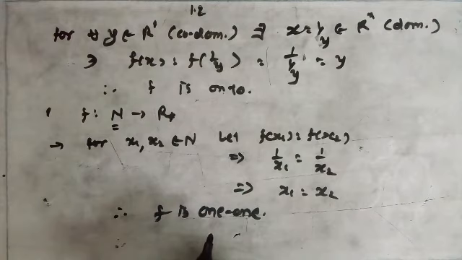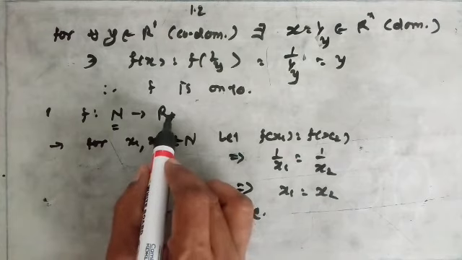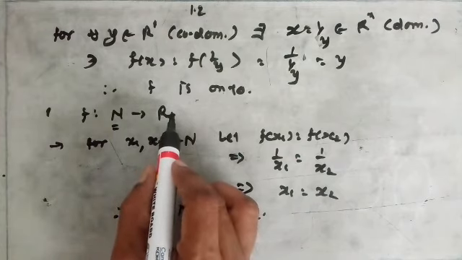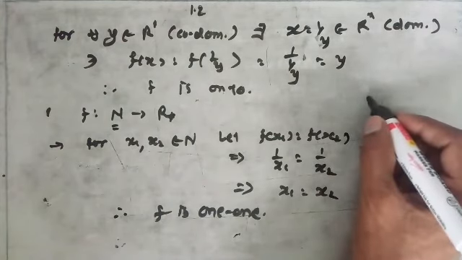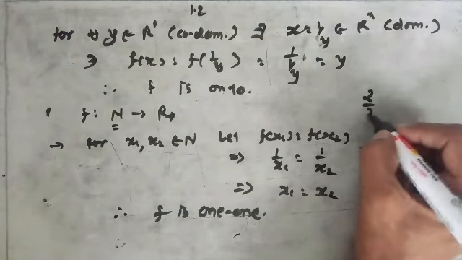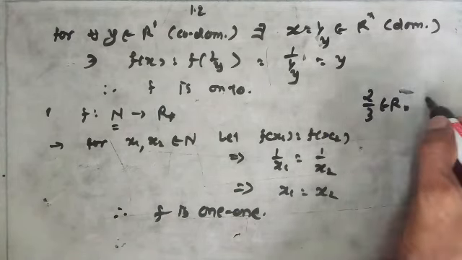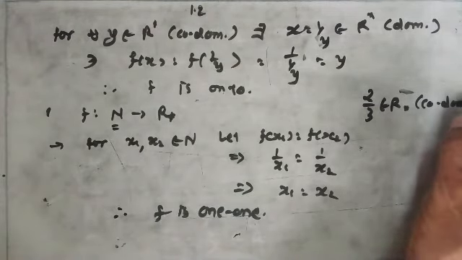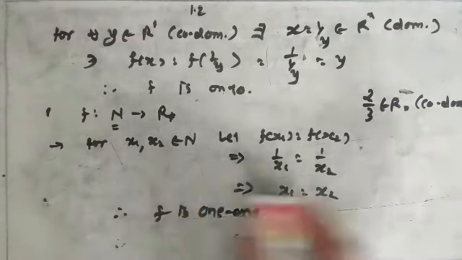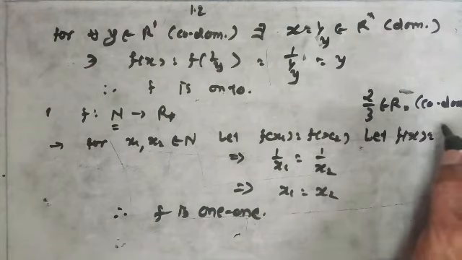Now we think about the onto function. What do you say about this onto function? If we take any element, 2 by 3, or any element in rational form, take here 2 by 3 belongs to R star, here R star the codomain. Let f(x) is equal to 2 by 3.